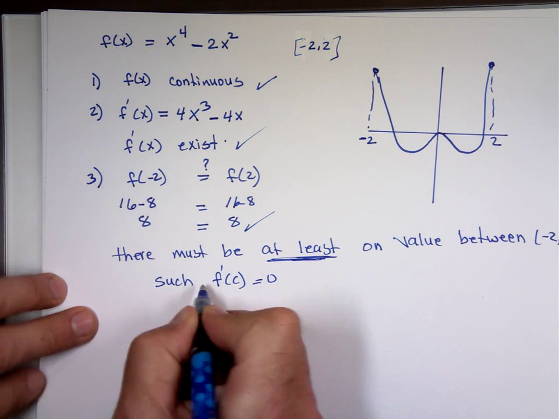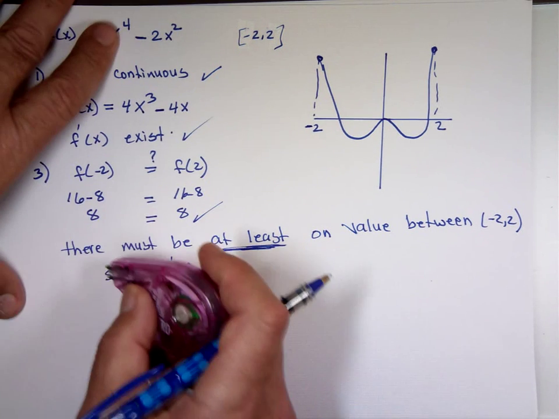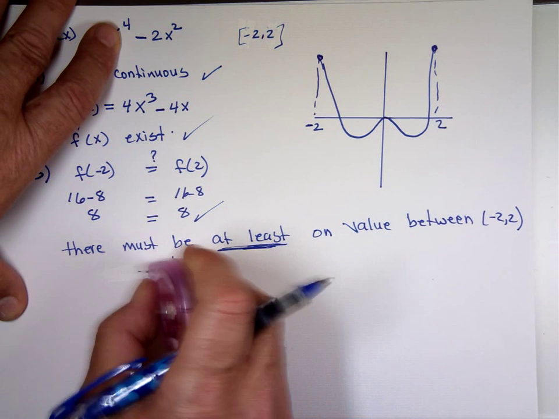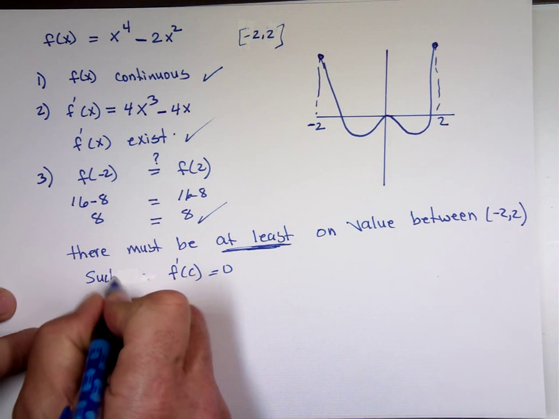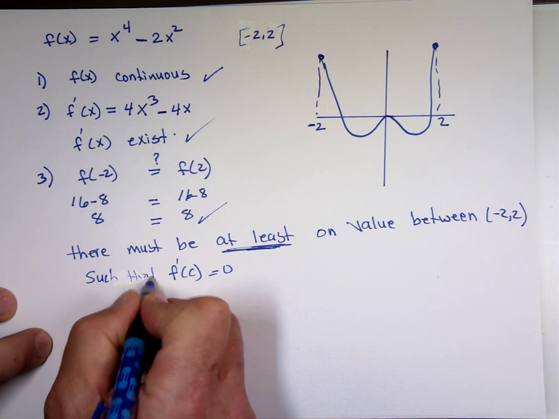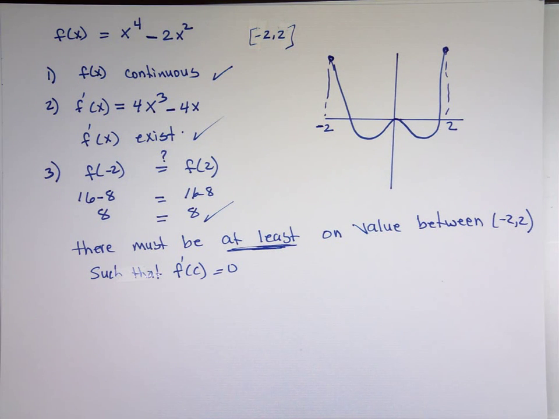Slide your paper over to the right. I forgot the "such that." There has to be at least one value between minus 2 and 2 where f prime is equal to 0. That's what they're telling me. I want to prove that's true or not.